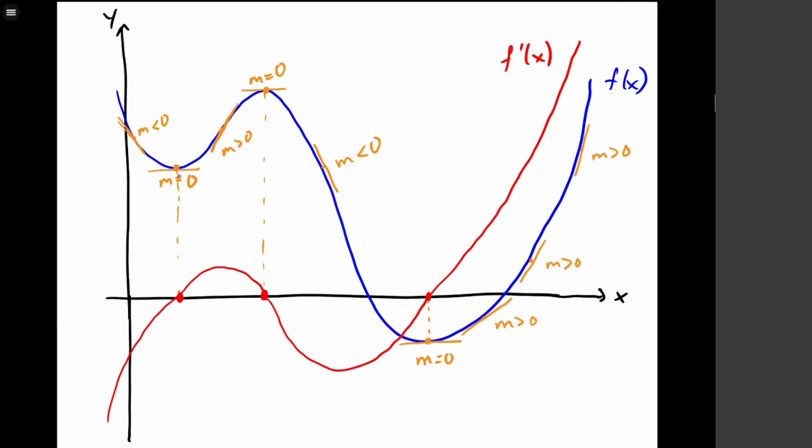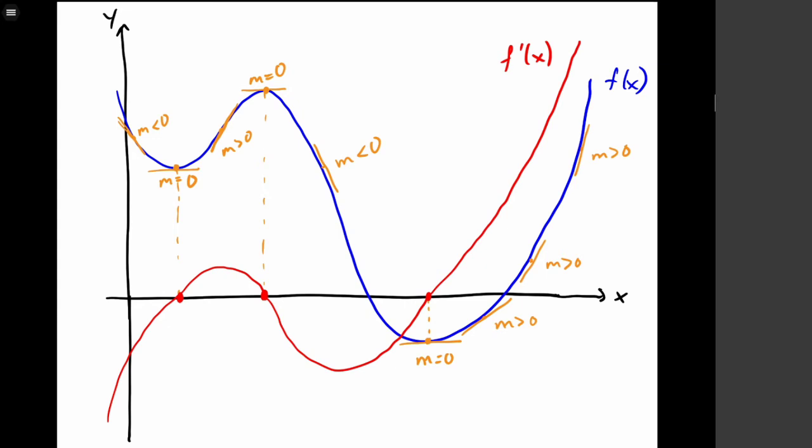Wherever the function is turning around, like here it's turning from going down to up, here from up to down, whenever you see those turning points, that's where the derivative should be 0. In other words, where it crosses the x-axis, or at least touches the x-axis. All right?